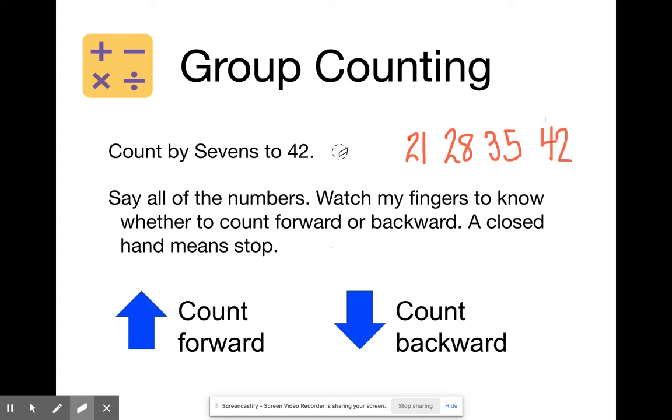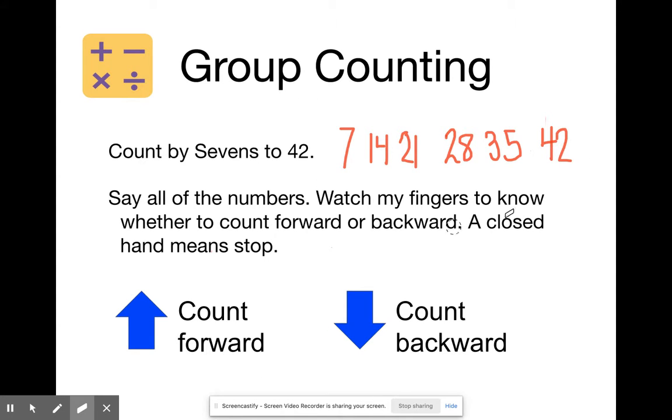Starting with 7, everybody, 7, 14, 21, 28, 35, 42.